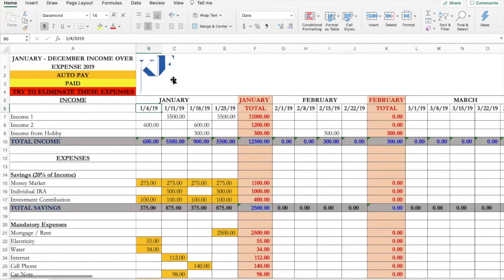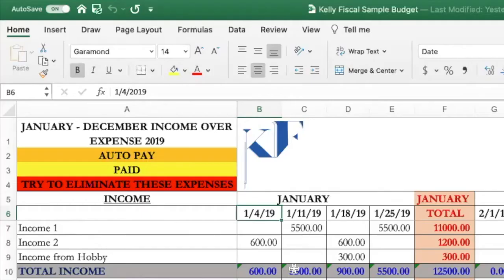So if you're receiving income on a weekly basis, try to create a budget that shows each week. If you're receiving income on a bi-weekly basis, create a budget that shows twice a week income and expenses. I always encourage individuals to create a budget based on how often they receive income.